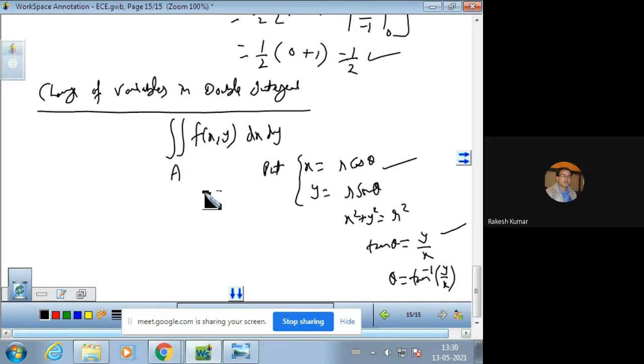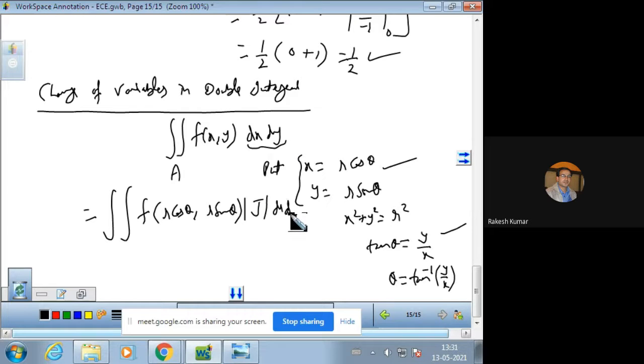When you convert it into polar, you will have f of r cos theta, r sin theta, and here you will have Jacobian. This is an important term, the absolute value of Jacobian, and over the new area, that is A dash.